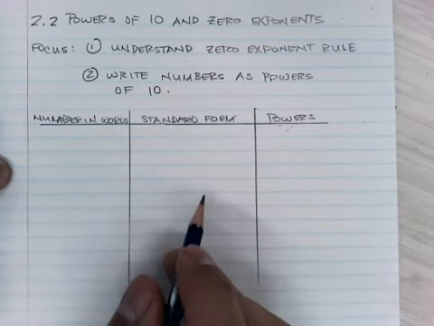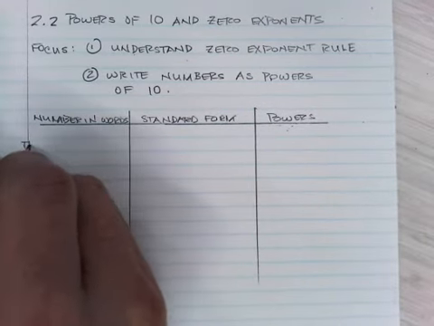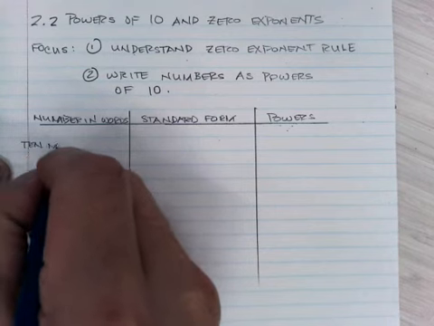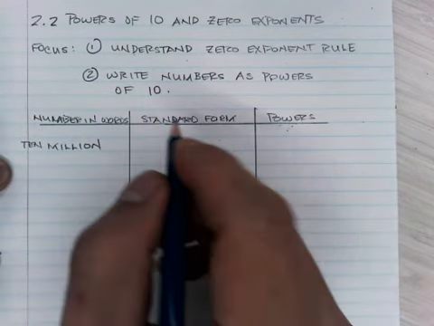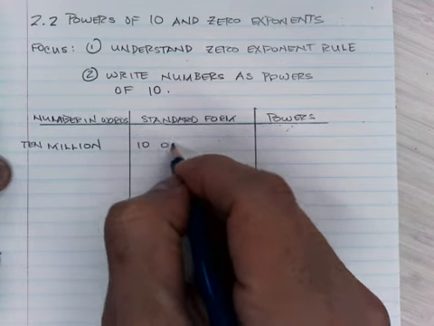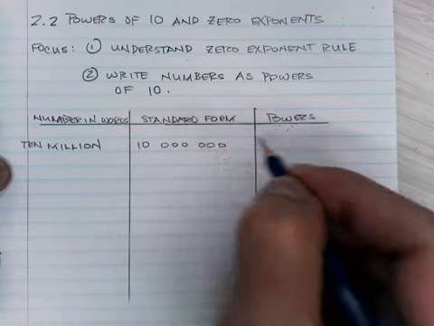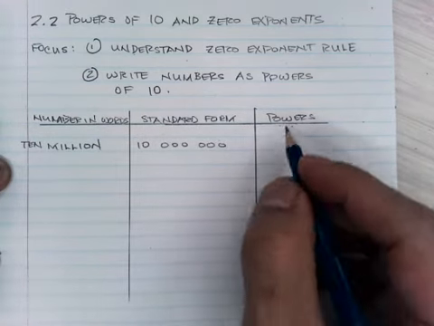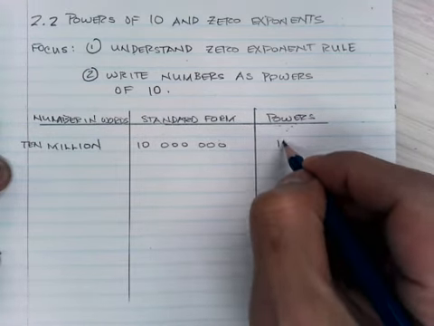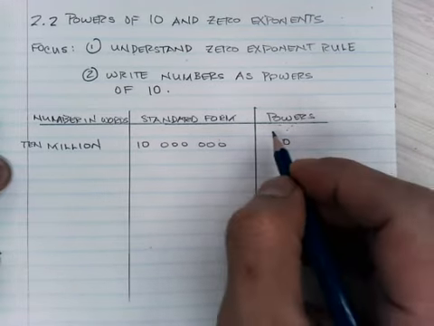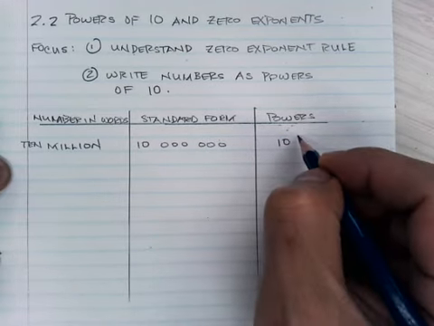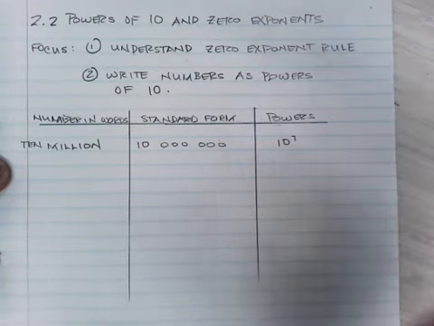Okay, let's start with the number 10 million. And what does 10 million look like when you write it as a number? Well, it's 1 and then followed by 7 zeros. And to write this as a power, really, it's just as a power of 10. It's really just counting the number of zeros that you have is the easiest way to do it. So this is 10 to the 7.